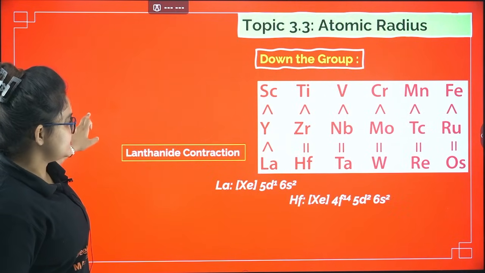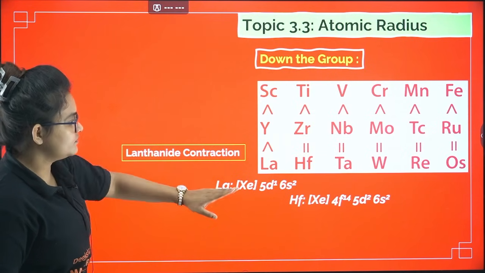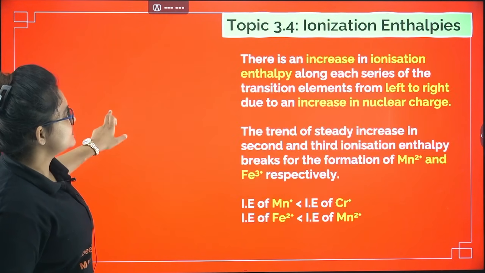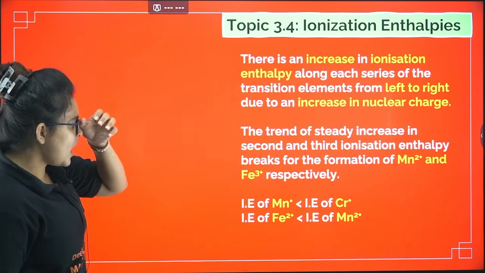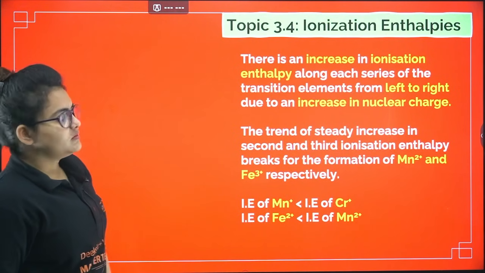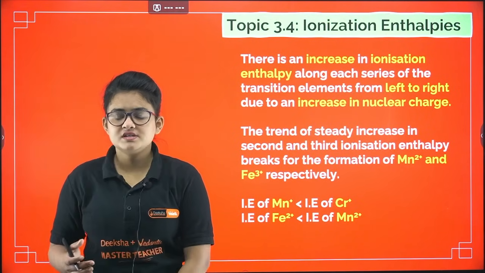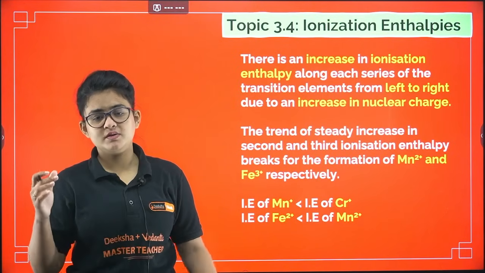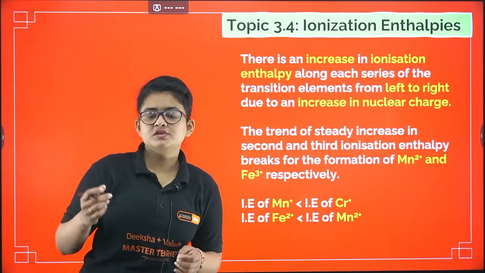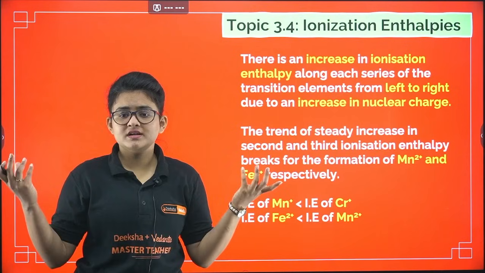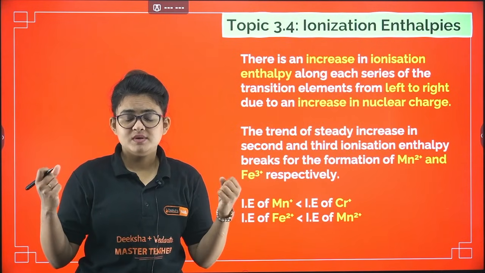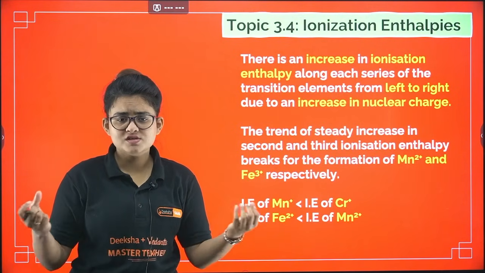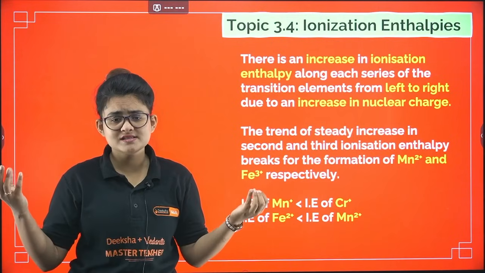Okay, let's proceed. This is lanthanum, hafnium. Now ionization enthalpy. There is an increase of ionization enthalpy along each series of the transition elements from left to right, due to the increase in effective nuclear charge, because d and f electrons are poor shielders.